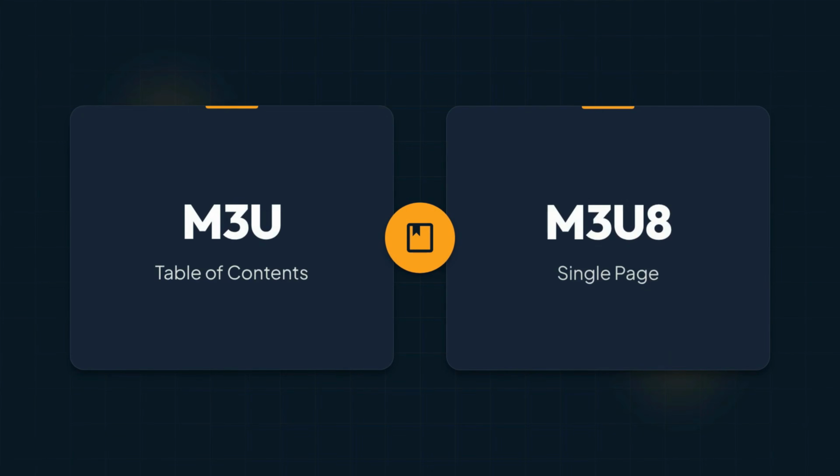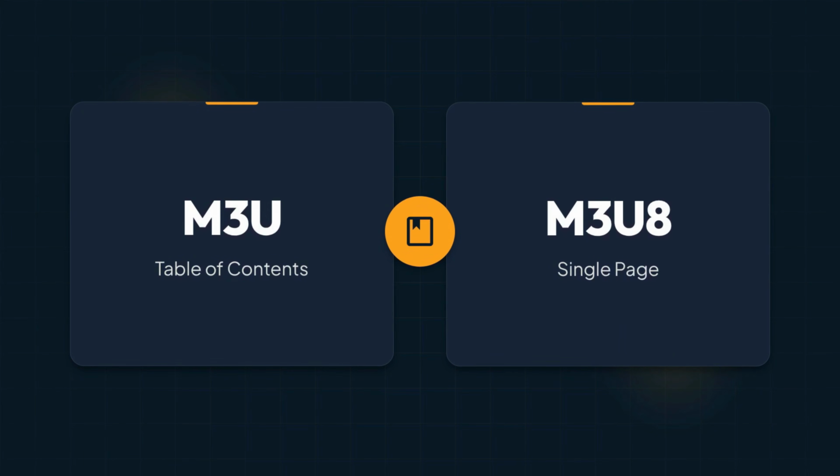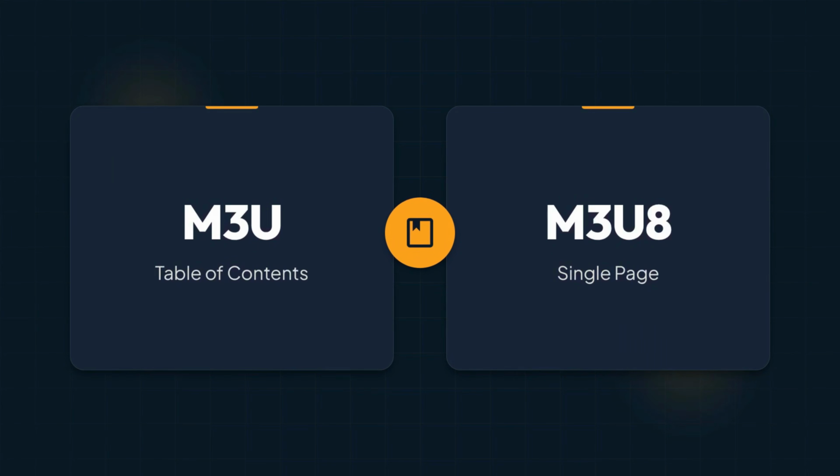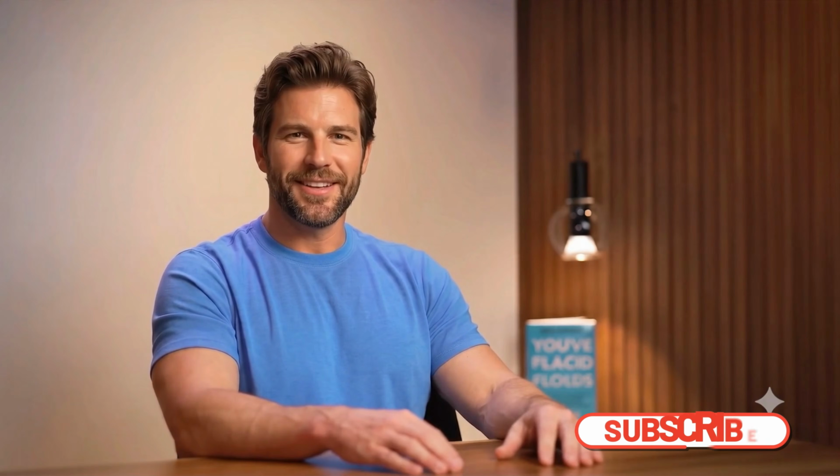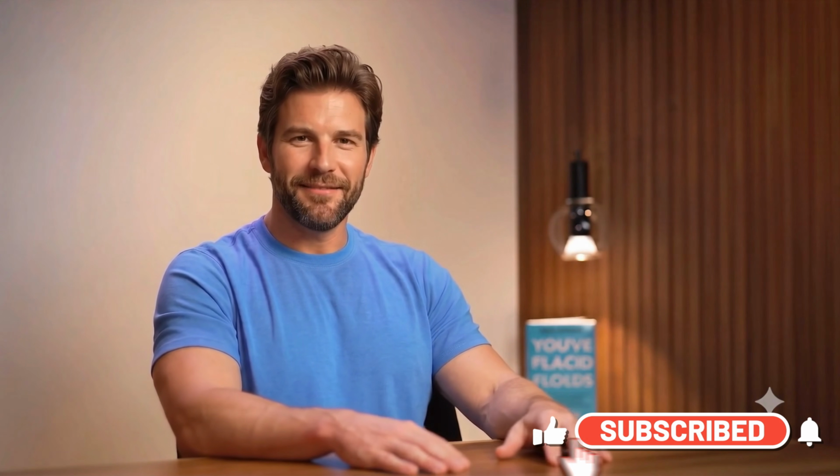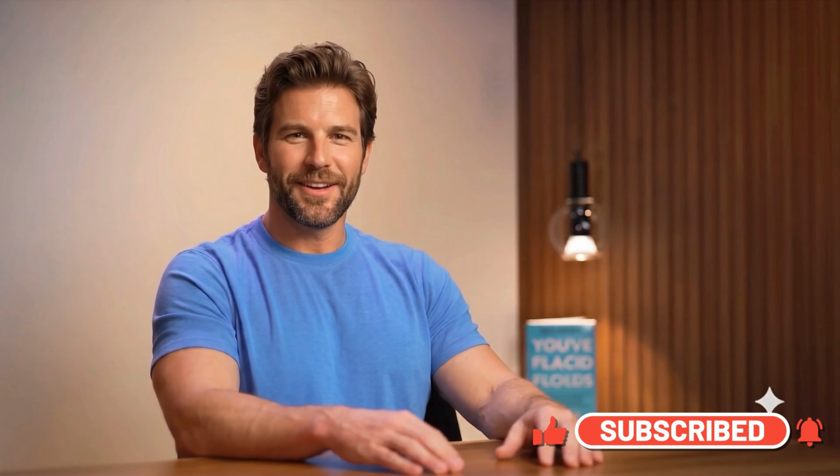An M3U8 link, on the other hand, is the direct live streaming URL for one specific channel. Think of the M3U link as the complete table of contents in a book, while the M3U8 link is a single specific page inside that book. You load the full M3U link into a compatible IPTV player to automatically organize and load your complete channel list.